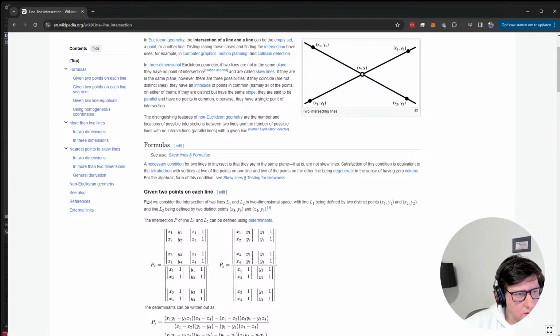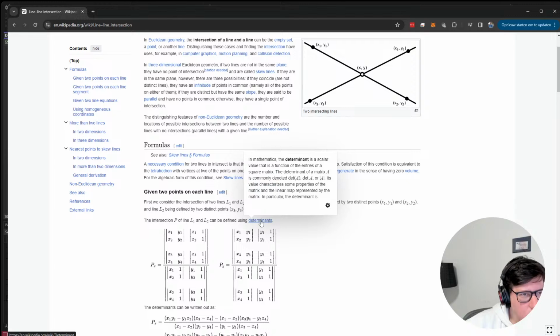Given 2 points on each line, first we can consider the intersection of two lines L1 and L2 in two-dimensional space, with L1 being defined by two distinct points. Okay, and L2 being defined by two distinct points. The intersection can be defined using determinants. Okay.